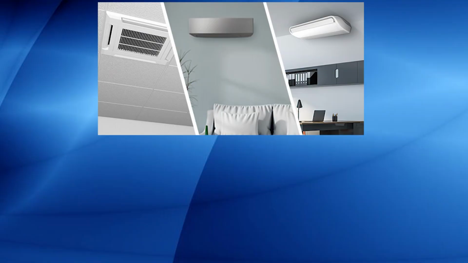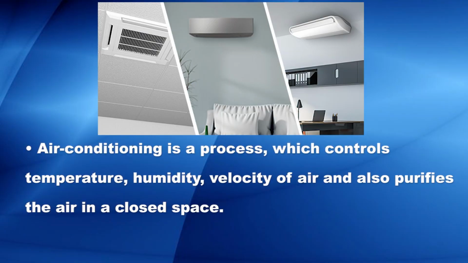So, dear learner, here we come to the end of the session, and at the end, I would like to summarize what we have discussed in this session about an air conditioner. First, air conditioning is a process which controls temperature, humidity, velocity of air, and also purifies the air in a closed space.